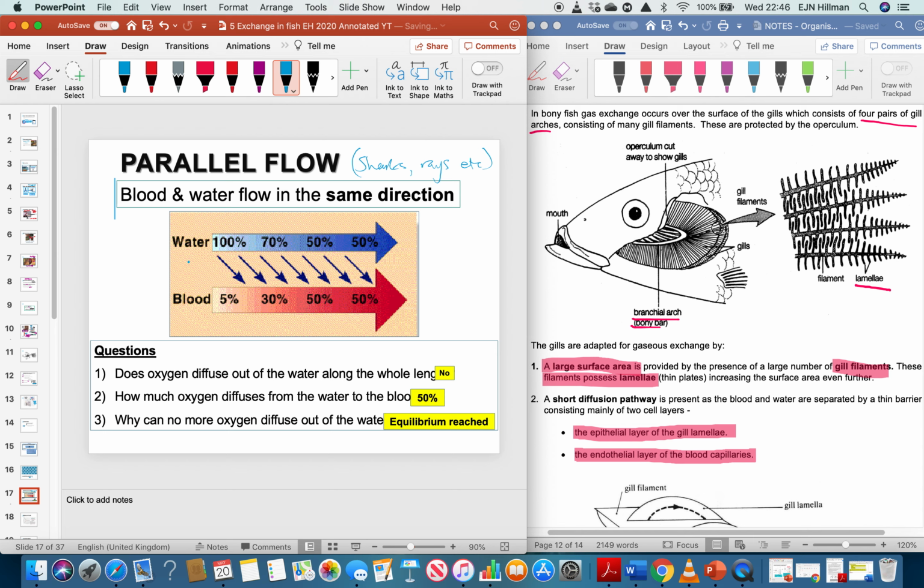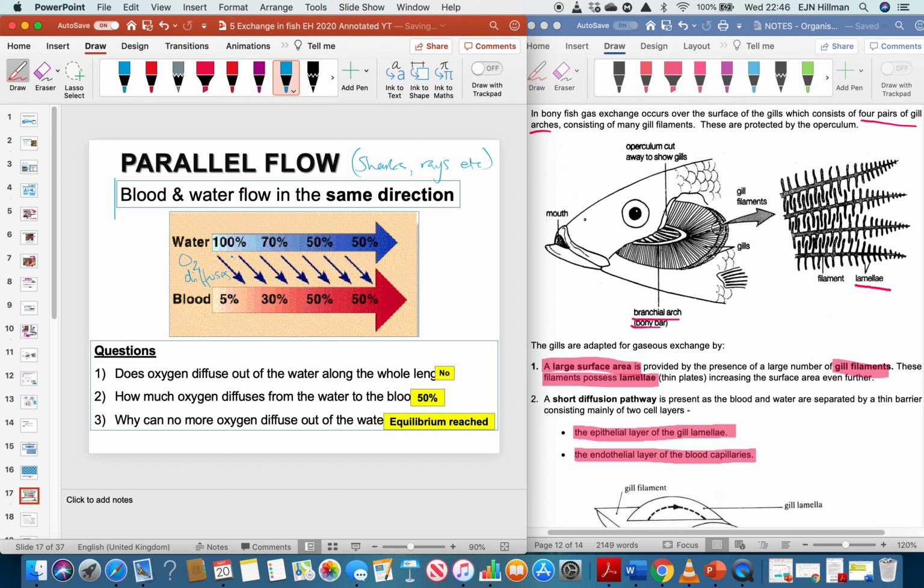So the oxygen diffuses from the water across the epithelial cells of the lamellae, across the endothelial cells of the capillary, and into the blood.